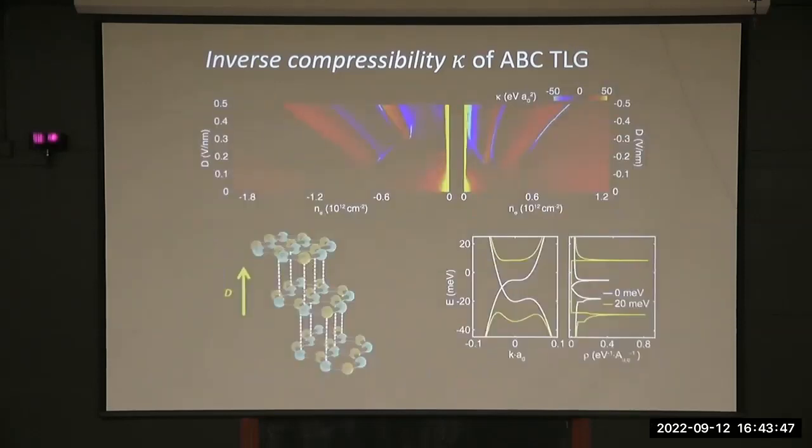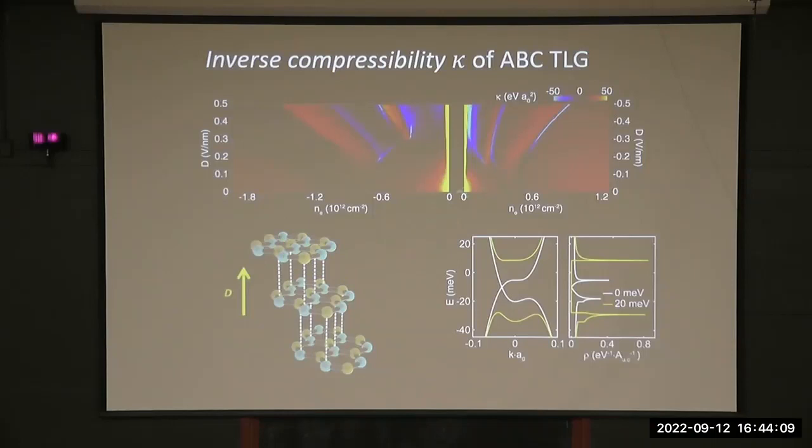Okay, so to show you the basic data in rhombohedral trilayer graphene, what I'm showing here is a color plot of this inverse compressibility as a function of density and the electric field applied across the layers. This displacement field is the electric field applied across the layers.